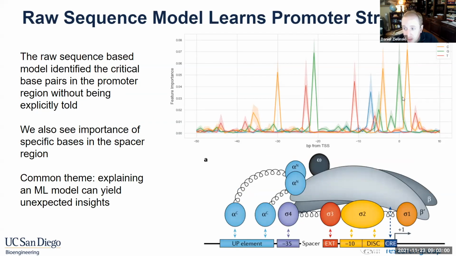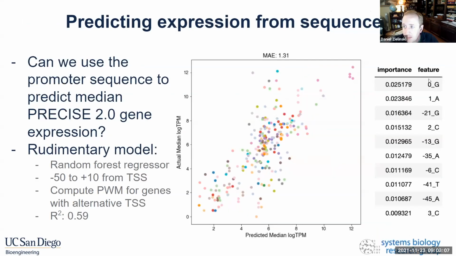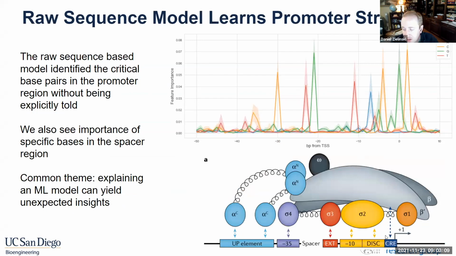And this is showing this type of thing now mapped onto this structural diagram again. So I'm aligning the location of the binding site with the variable importance plot from a model. You can really see how the base pairs that are important have annotations. So this -10 box base pair is right on top of that.